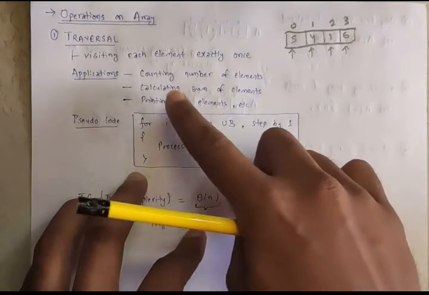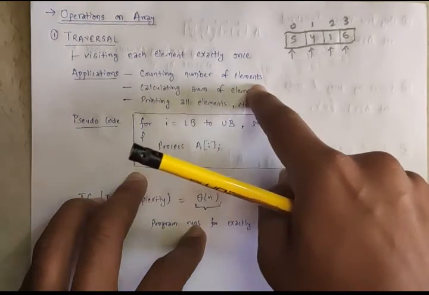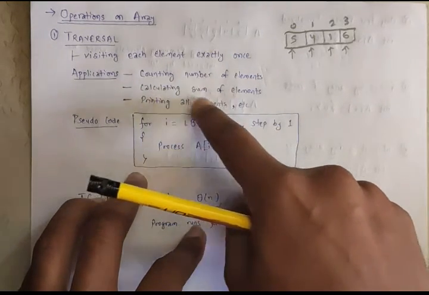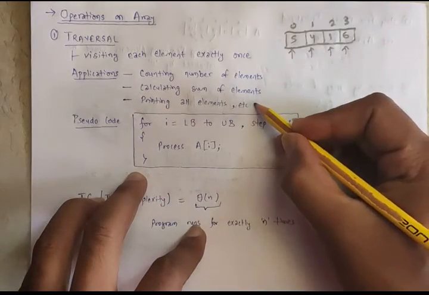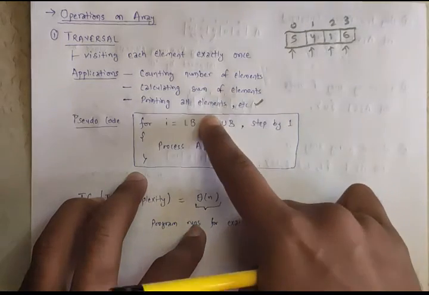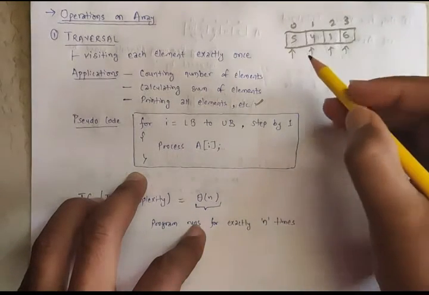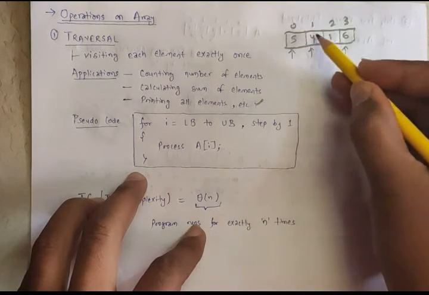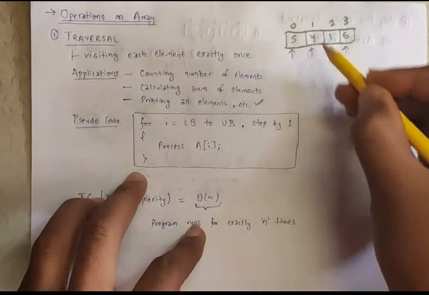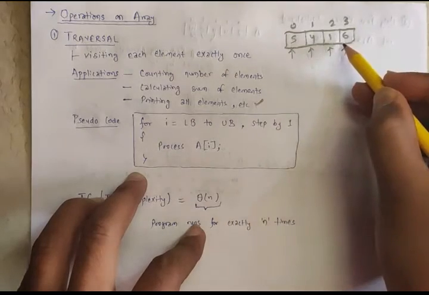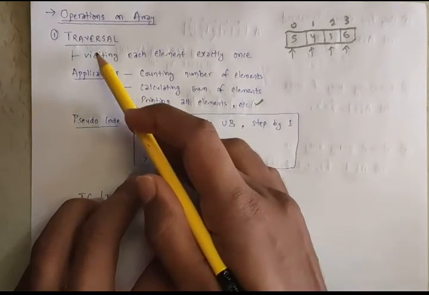The various applications of traversal include counting the number of elements, calculating the sum of elements, printing all elements. Consider this application of printing all the elements using traversal. Let's suppose we are visiting each element sequentially, then while visiting we can print the element also. That's why printing can be considered as an application of traversal.